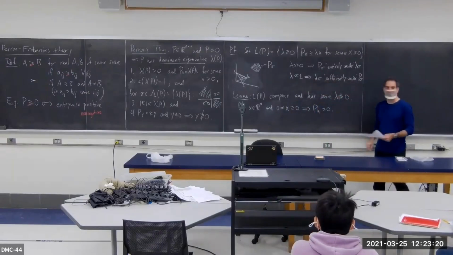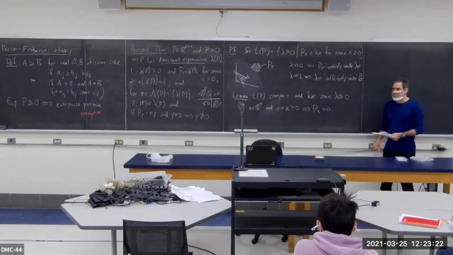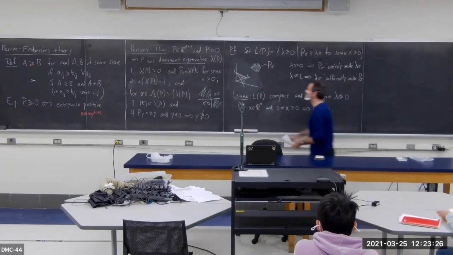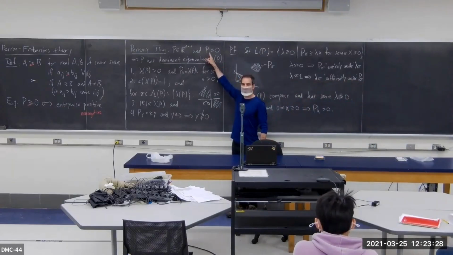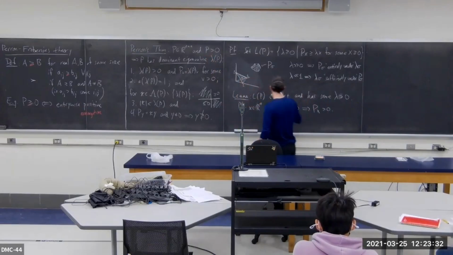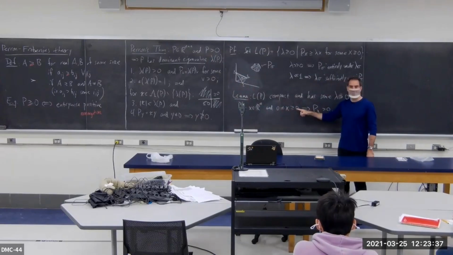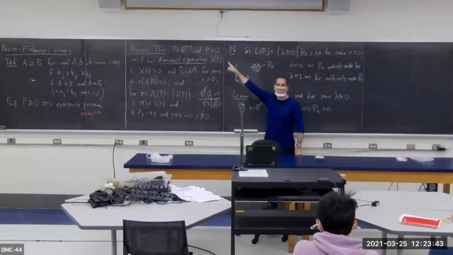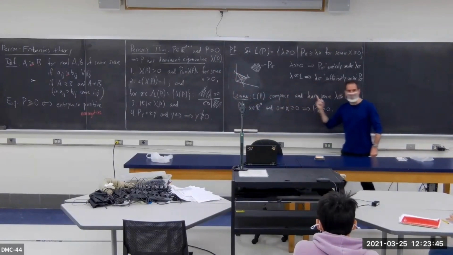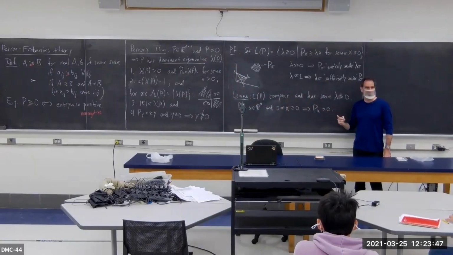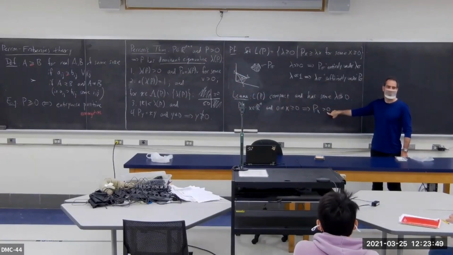Why is that? Well, remember the hypothesis on P is that all of the entries of P are strictly positive numbers. So if you give me a vector x that's not 0, but all of its entries are non-negative, that means at least one of them is strictly positive. That means you've taken at least one of the columns of P with a non-zero positive coefficient, and that makes Px bigger than 0.